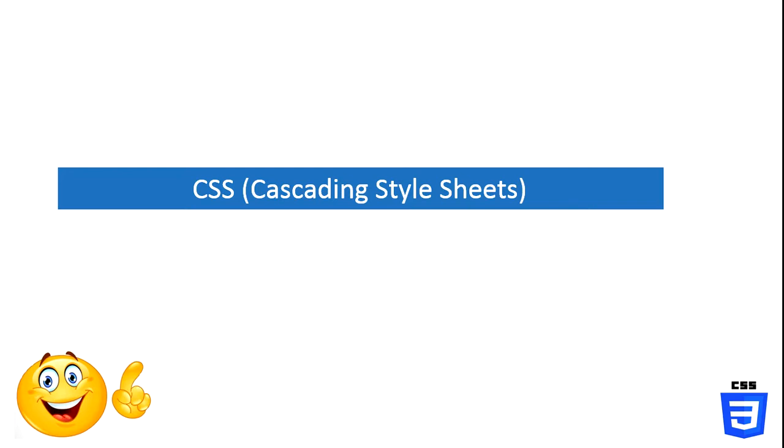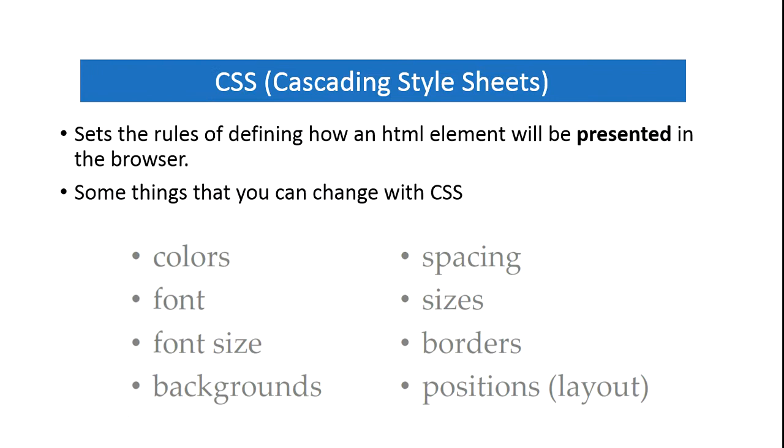Now what is cascading style sheet? CSS sets the rules for defining how an HTML element will be presented in the browser. If I am adding content in HTML, how it looks in the browser can be set with the help of CSS. So CSS is related to colors.